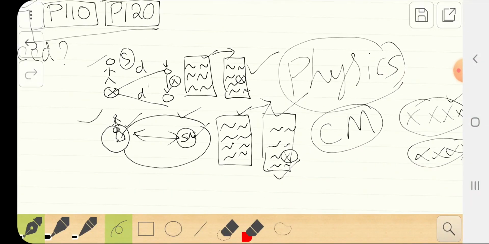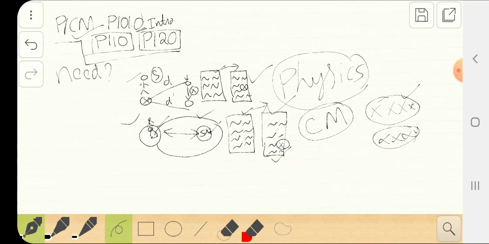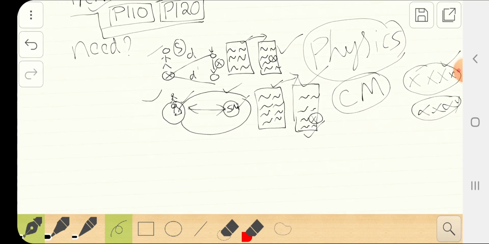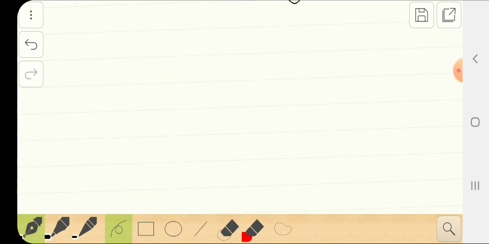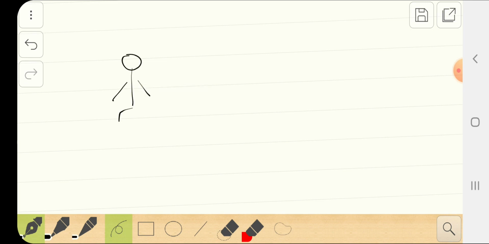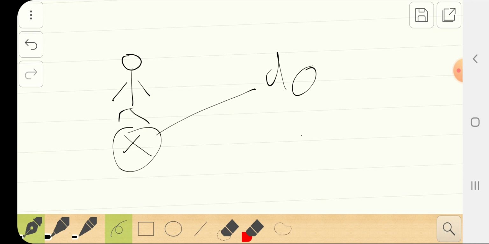Now, if you keep all that aside, I'm going to introduce you to one different small thing along with this video. Let's take the same case. You are here, X is the place, there is a D and the ball, and there is the ball here, and there's D dash.